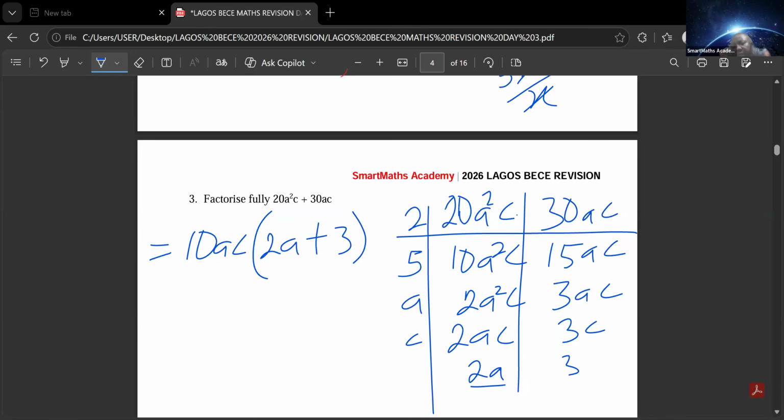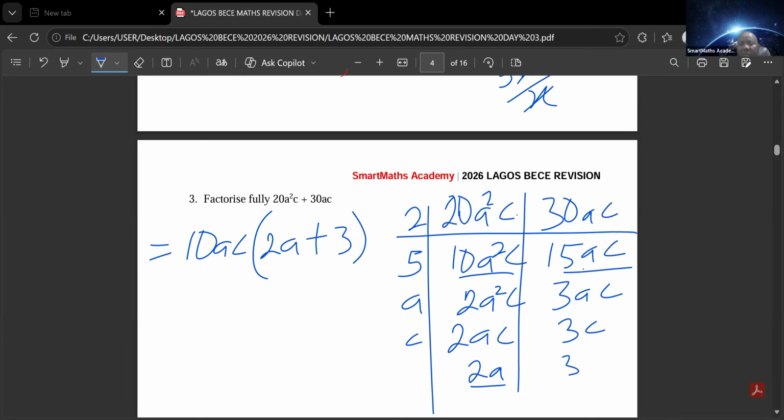The first thing you deal with is the numbers. 20 and 30. What number can divide 20 and 30? That is 2. 20 divided by 2 gives us 10. So repeat a squared c. I will repeat ac. That's all we have there. Then between 10 and 15, what can divide is 5.